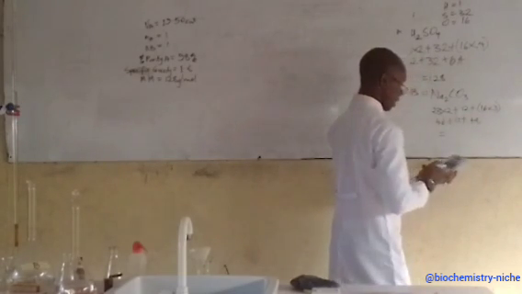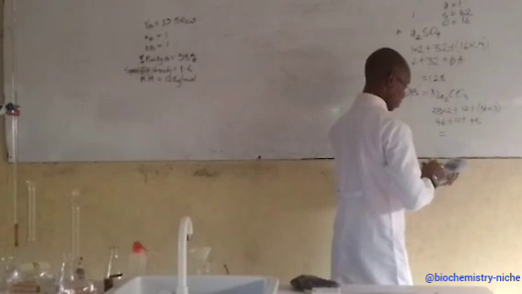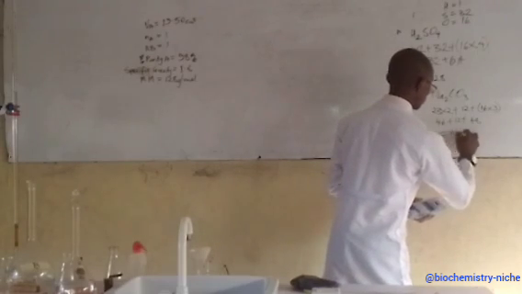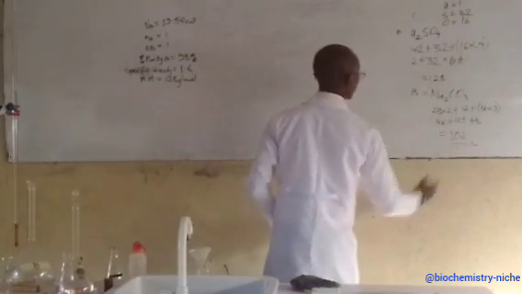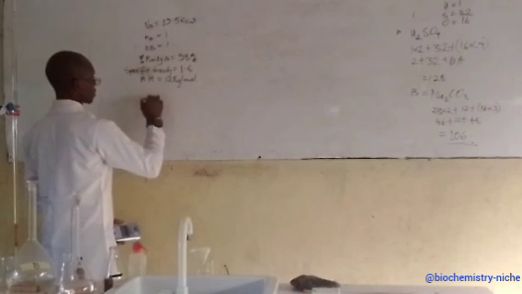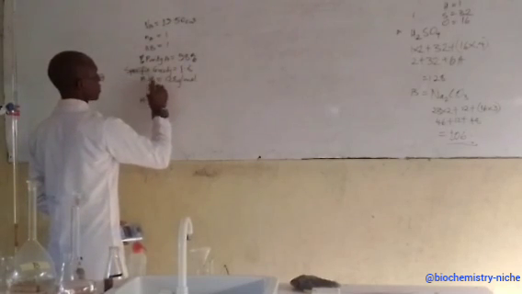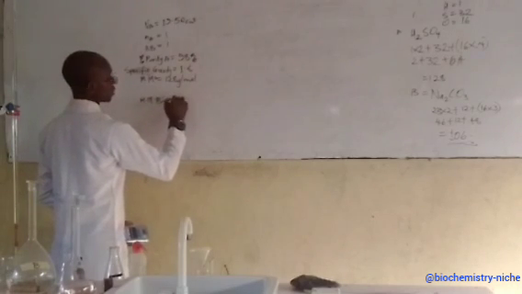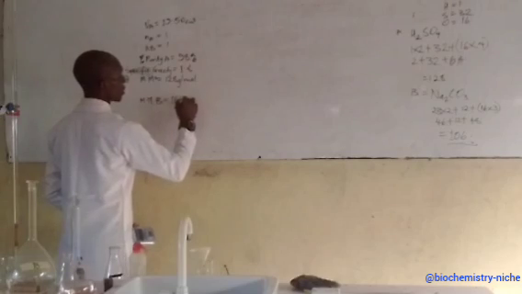So all of this together, 48 plus 46 plus 12, is going to give us 106. So that is for base. So molar mass for base is 106 grams per mole.